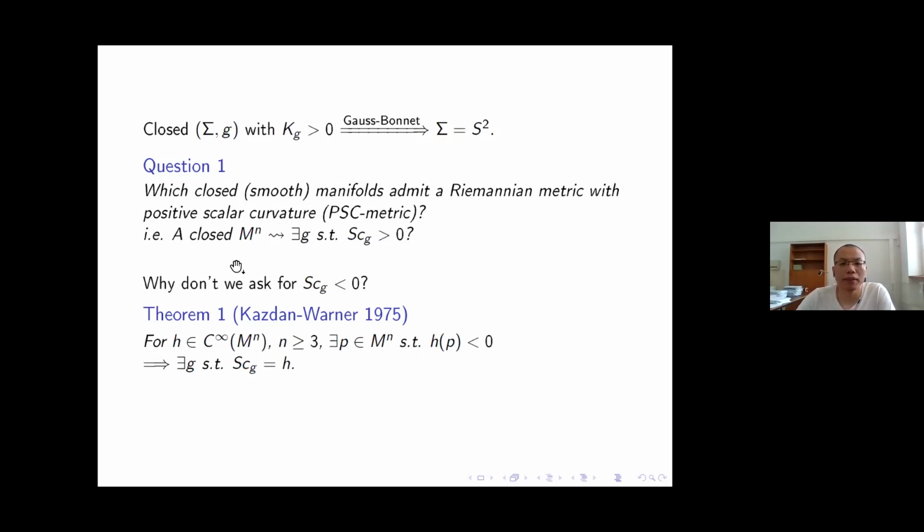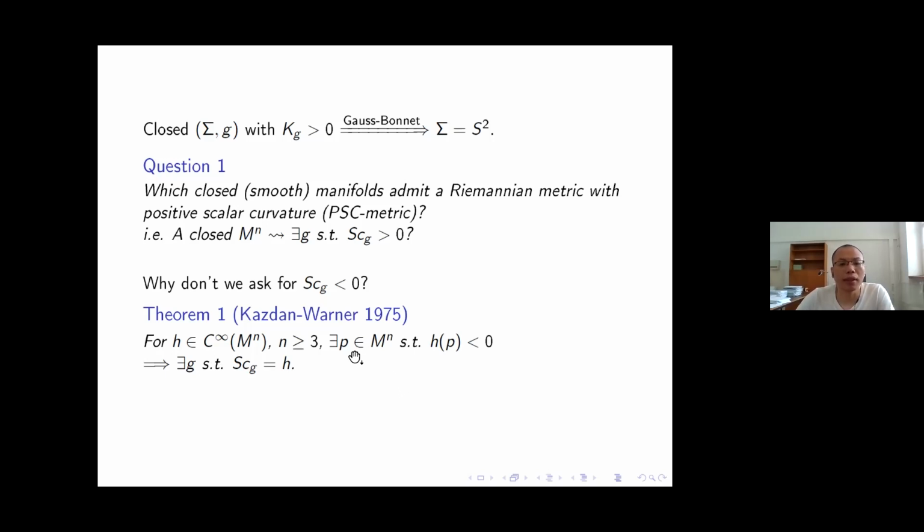Now, why do we just care about the existence of PSC metrics and not the negative scalar curvature? Kazdan and Warner showed that if the dimension is bigger than 2, and a smooth function is negative at some point, then the manifold must admit a smooth Riemannian metric g such that the scalar curvature is exactly the function h.